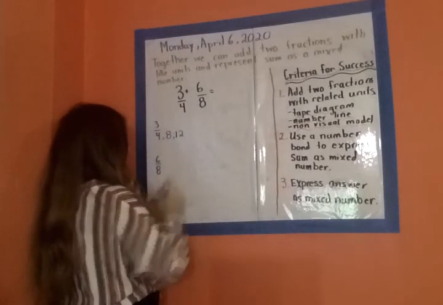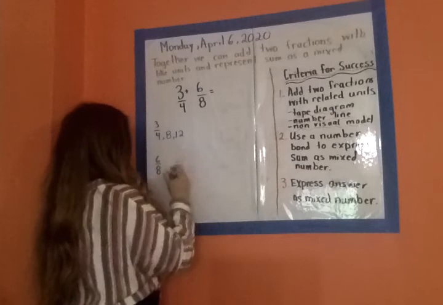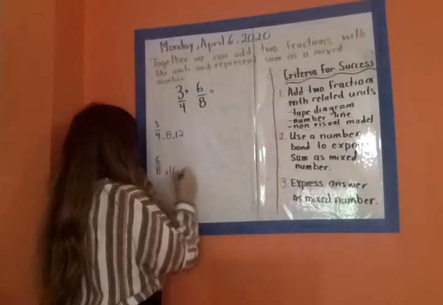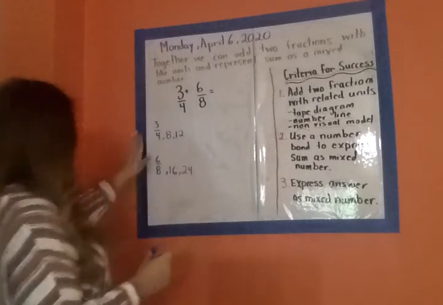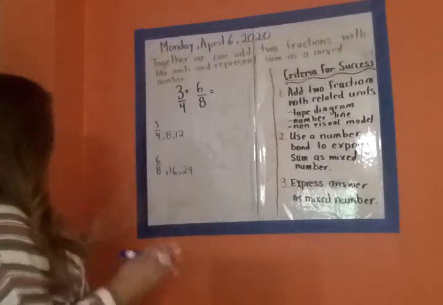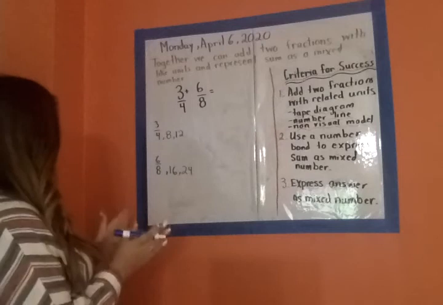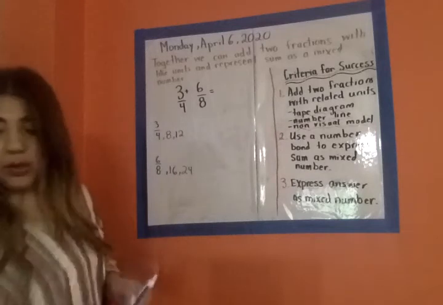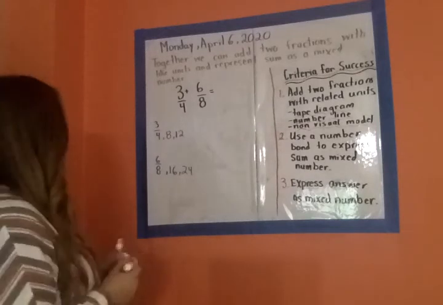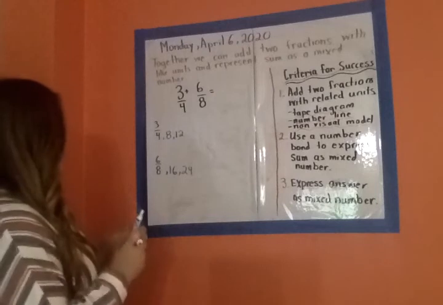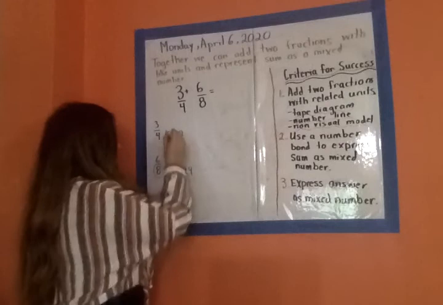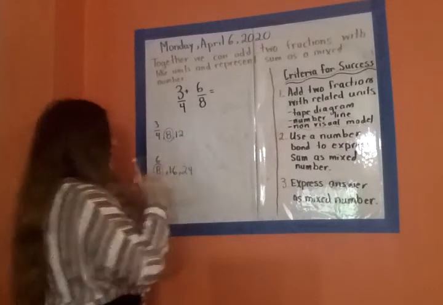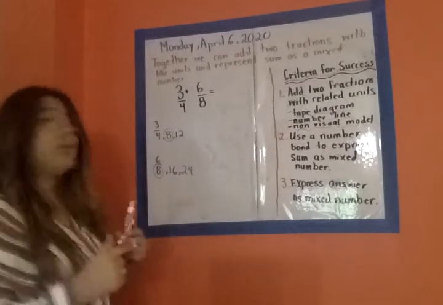If I skip count by 8, I have 16 and then 24. These are the multiples. However, just by comparing the denominators, notice that we already have a common denominator, because 8 and 8 are the same.